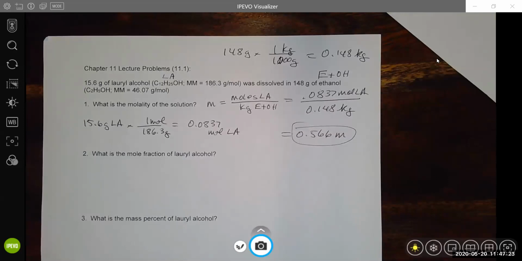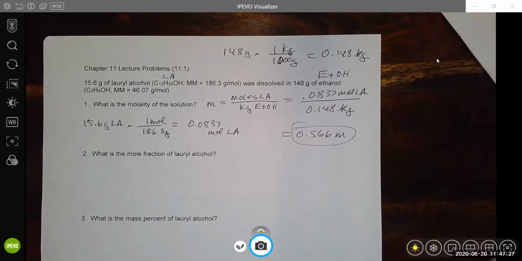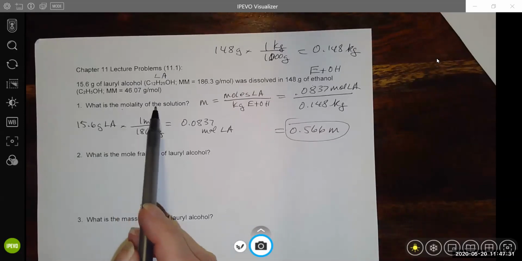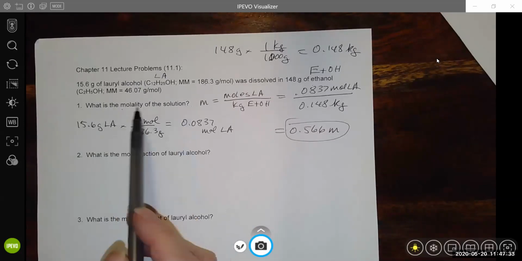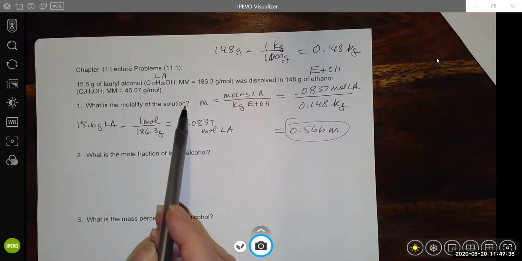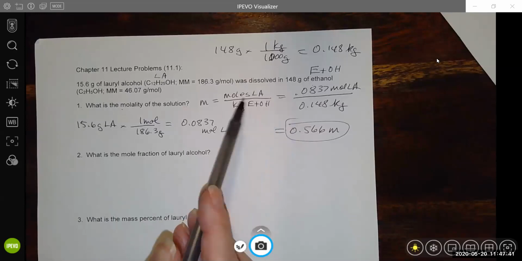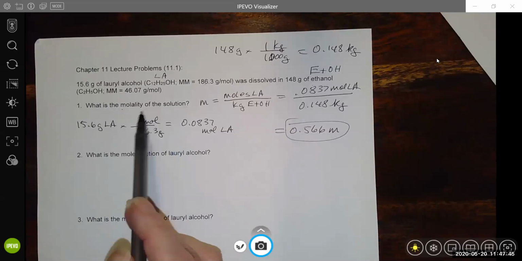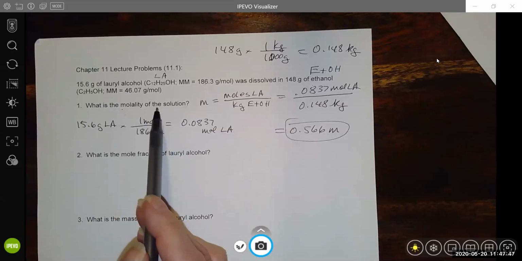What is the mole fraction of lauryl alcohol? Oh, by the way, I want to mention something before you do that. Notice how this says molality of the solution. This confuses people sometimes, because it says of the solution, and for this I used lauryl alcohol as the solute. I could say, what is the molality of the solution?